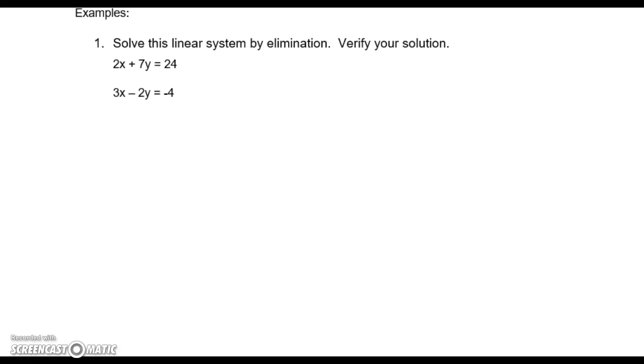Okay, so in order to solve this system, your first step here is you want one variable to be exactly the same in each equation, except where one's a positive value and one's a negative value. So I'll write this down.